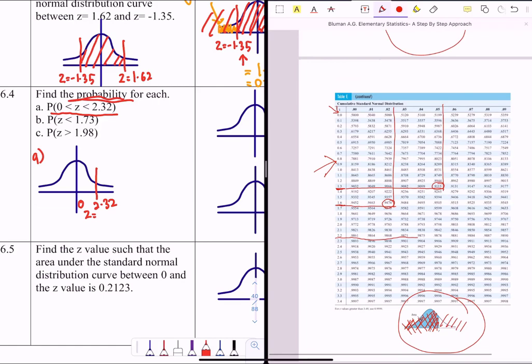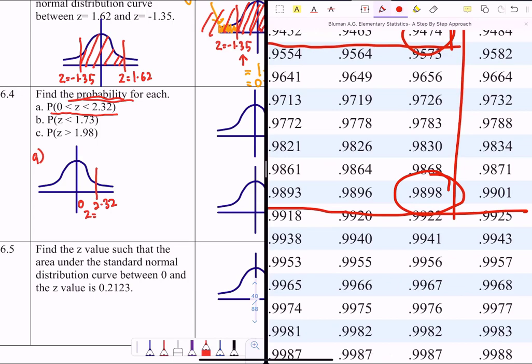That gives 0.9898. That means the area for this part is 0.9898.